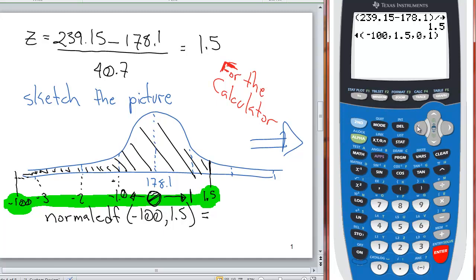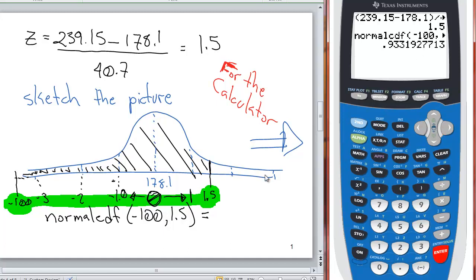Okay? And now yours may look a little bit different depending upon which operating system you're using and whether your stat wizard is on or not, okay? But it's Normal CDF, it's the left and then the right, okay? I'm sorry, I'm just trying to let it get caught up. And then normally you would just close it up, okay?